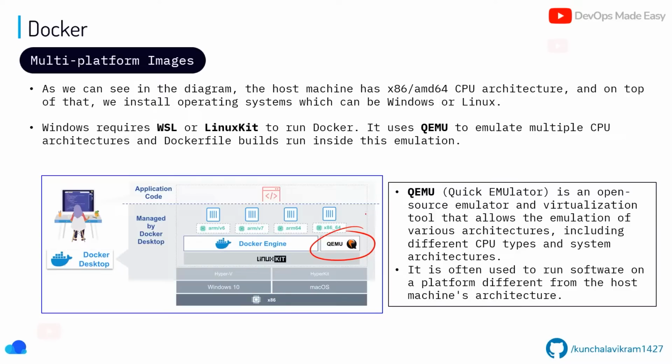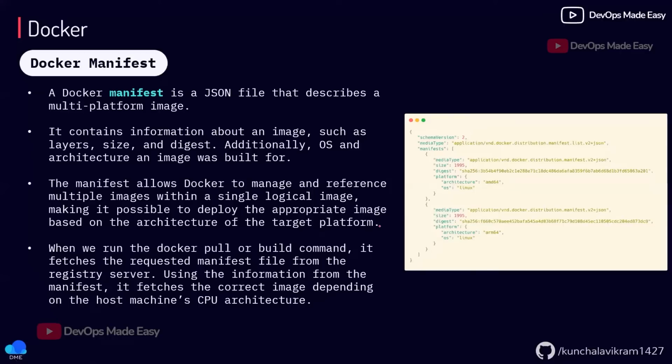So let's say I'm on x86, but I can still develop software for ARM-based platforms and test them on the same machine using QEMU. So when you're creating a different architecture image, you're actually using QEMU to create such Docker images targeting various platforms. Got it? That is one thing I wanted to show.